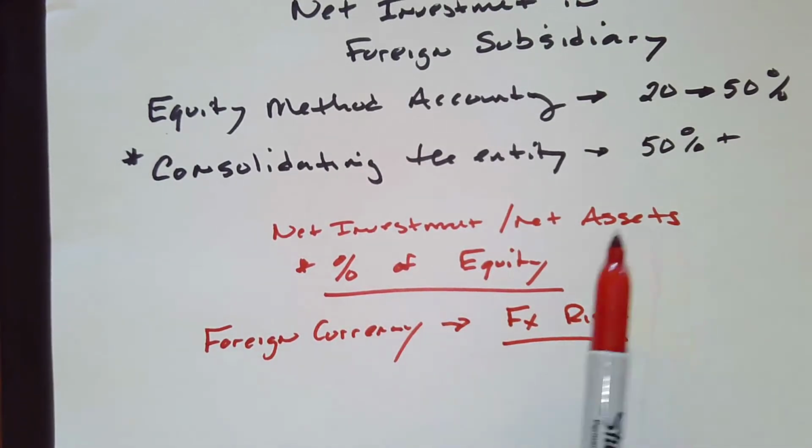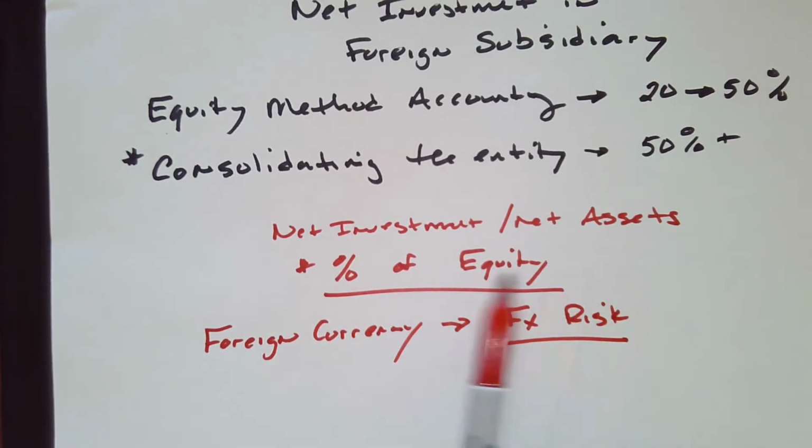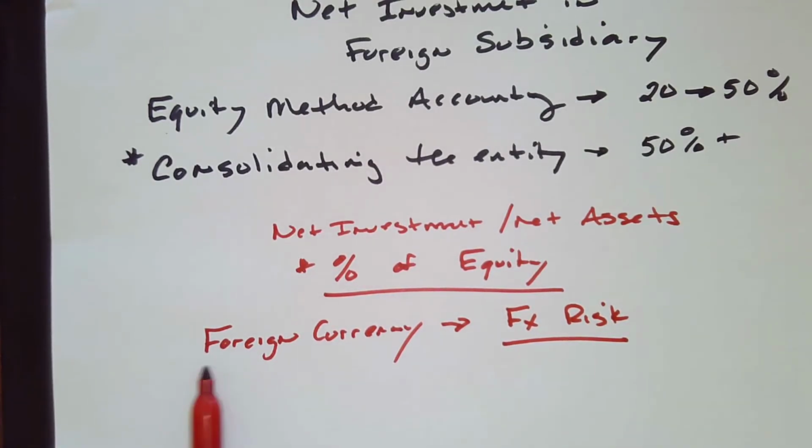We don't have to hedge a specific asset or a specific liability or combinations. All we know is that the net assets are in a foreign currency, and there's foreign exchange risk relative to the US dollar.